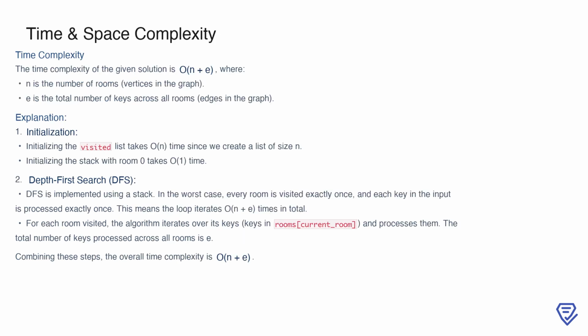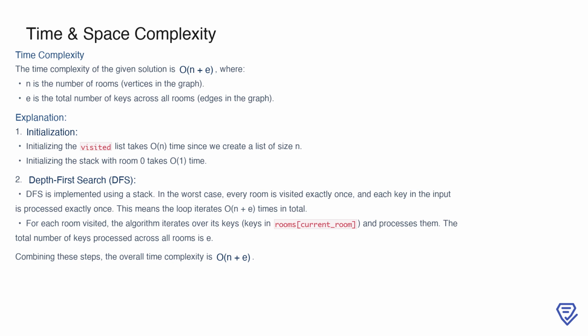The time complexity of the solution is determined by the number of rooms and the total number of keys across all rooms. First, the initialization step involves creating a visited list of size n, where n is the number of rooms. This operation takes O(n) time. Adding the initial room, room 0, to the stack is a constant time operation, O(1). The main part of the algorithm is the depth-first search, or DFS, which uses a stack to explore the rooms.